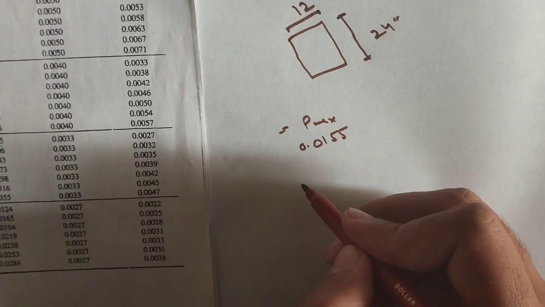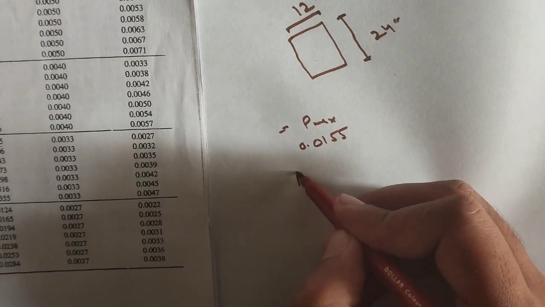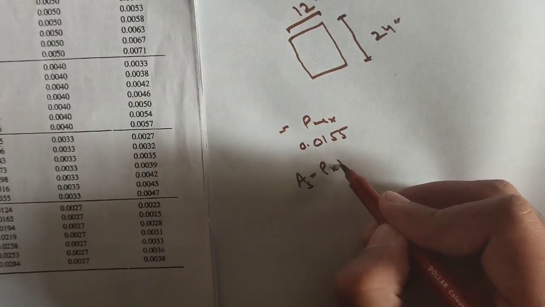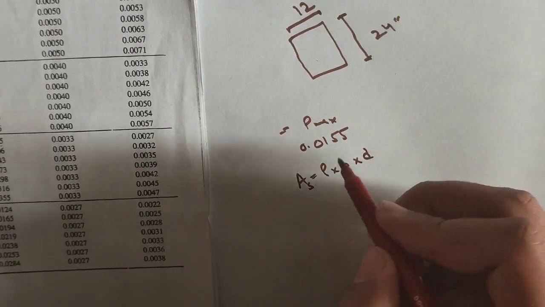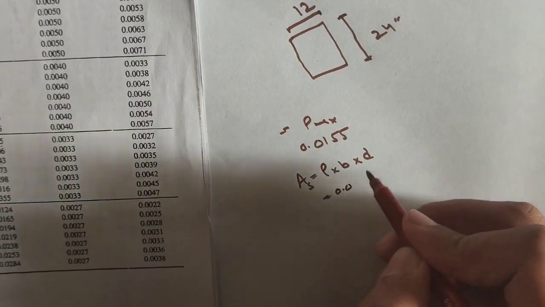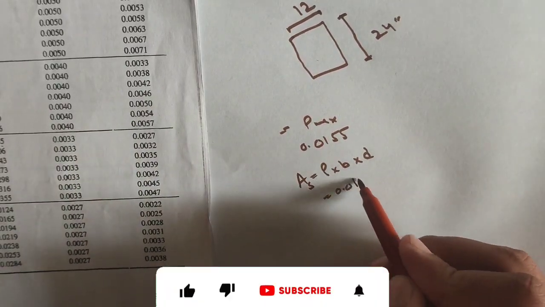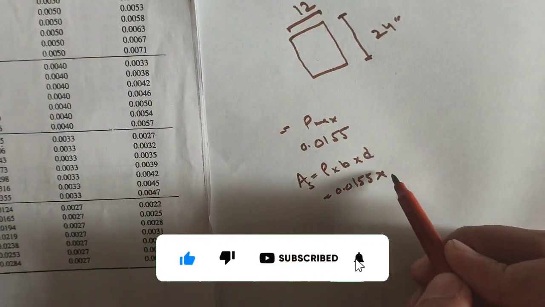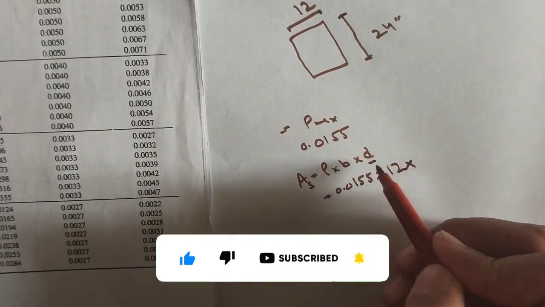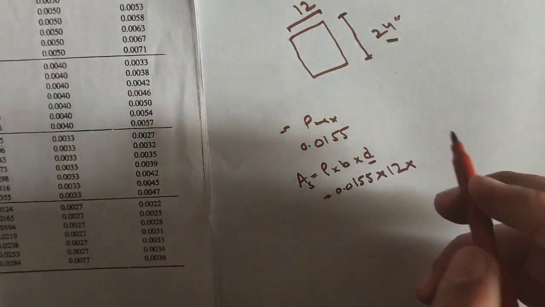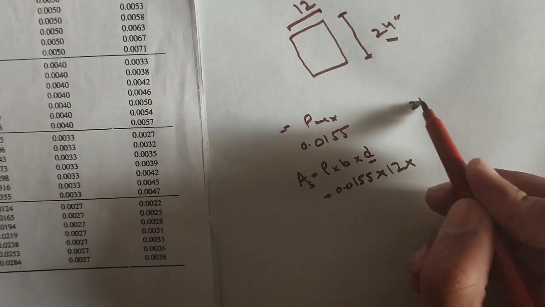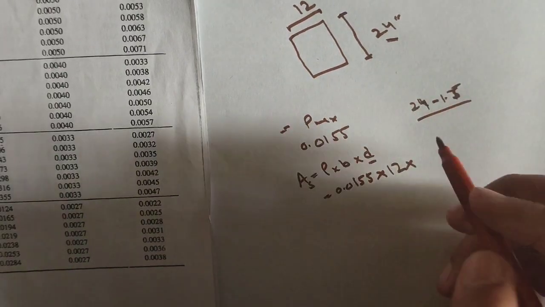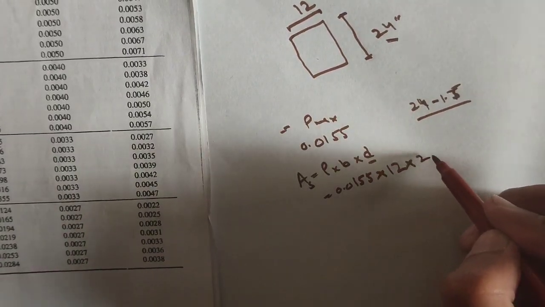So we know that area of steel is equal to rho times b times d. So I will put this value, 0.0155, multiplied by b. What is b? b is the breadth of the beam, which is 12 inches, multiplied by d. This one is h, so 24 minus 1.5 cover of my beam will be 22.5.